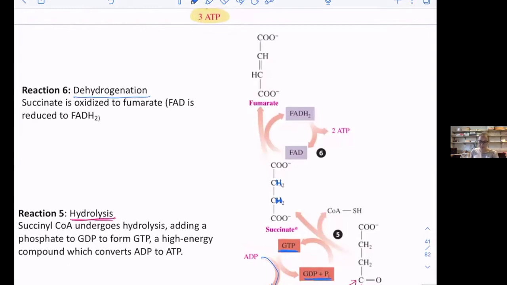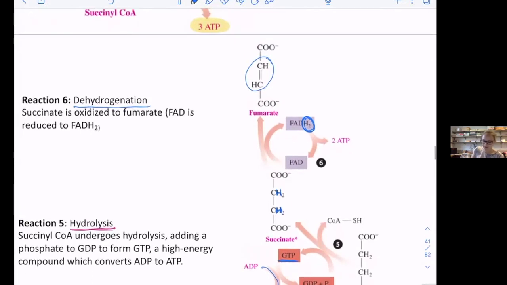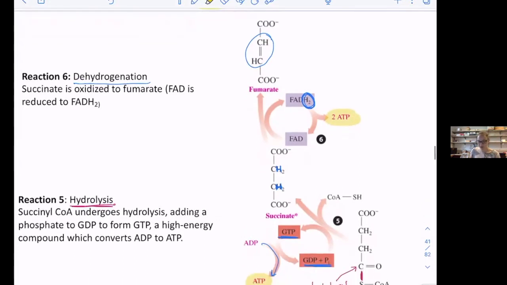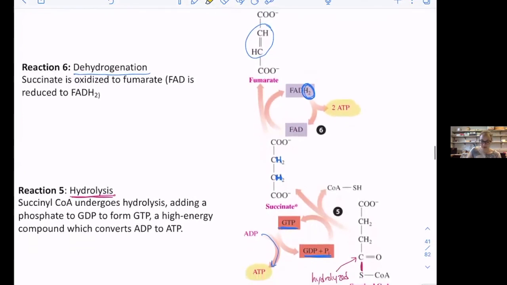So FAD turns into FADH2. That's where these 2 hydrogens go, and we form a double bond. In that process of regenerating FAD from FADH2, again, we form 2 ATP molecules. So in step 5, we made 1 ATP. In step 6, we made 2 more ATP.